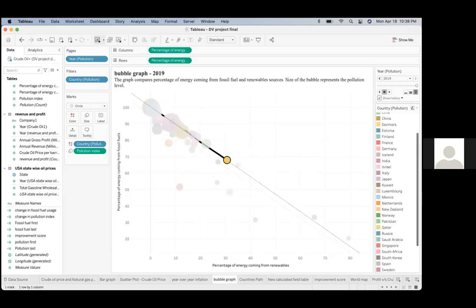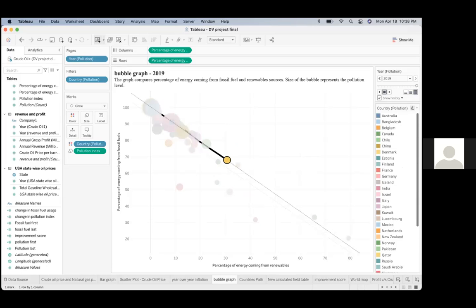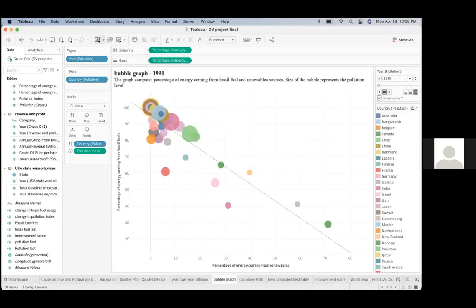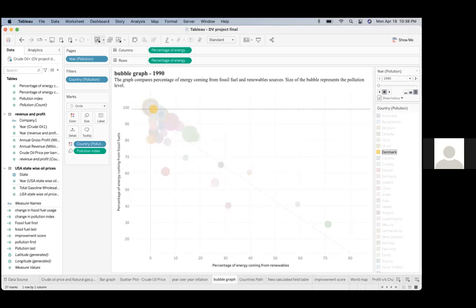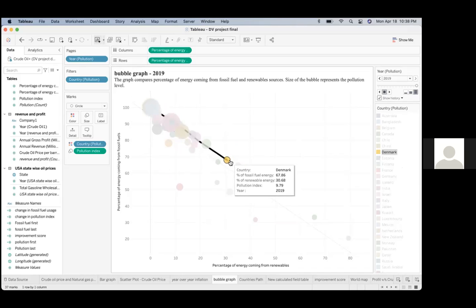Let's see how it has moved from the upper end to the lower end and towards the renewable resources. So here's Denmark, and as we can see, it has come from here to here, which is quite a significant change, and also its pollution index has reduced quite a lot.